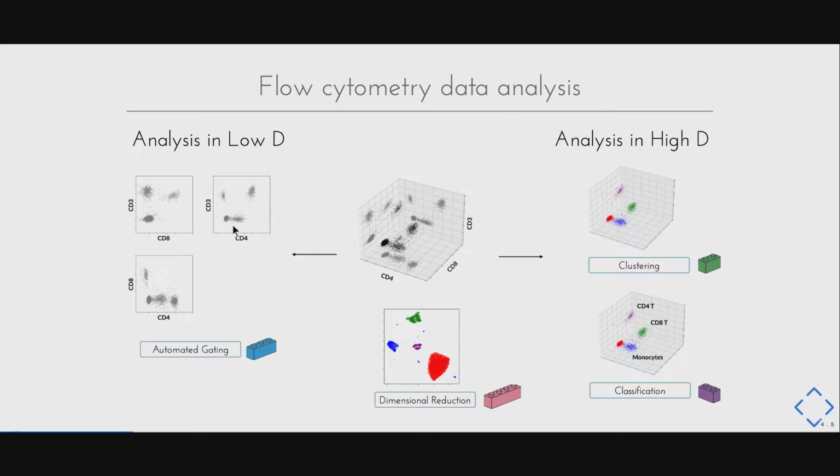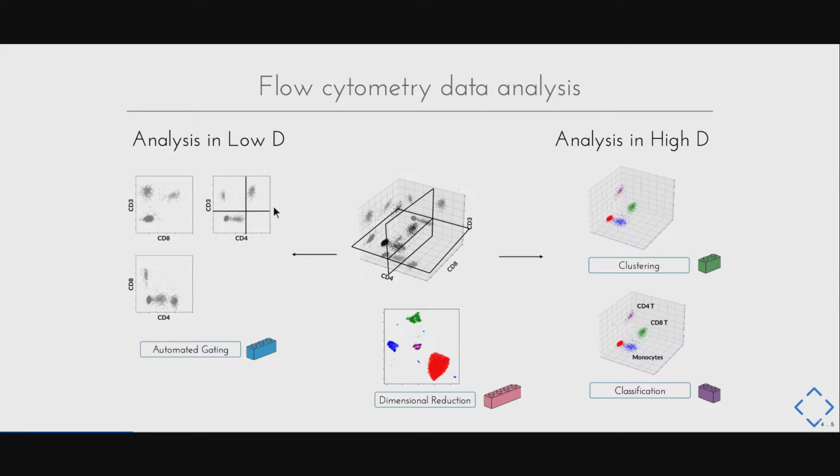Since our computer screen is 2D as well, we can draw lines to divide those cells into different cell groups, or draw a gate to select a specified group of cells. This is what we usually do in our manual analysis.